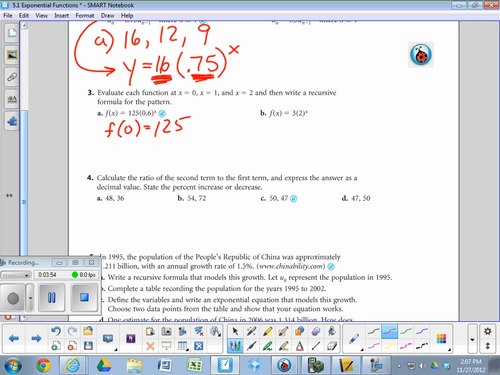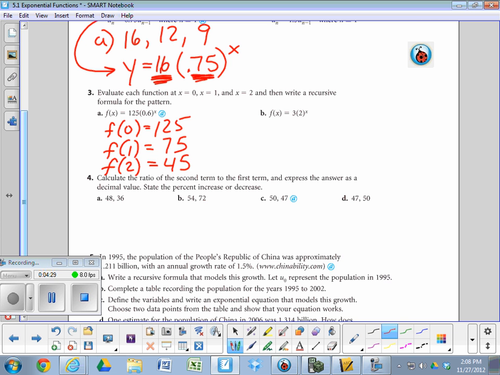How much change occurred to 125 for it to stay at 125? None, right? There was no change. We plugged in 0. What do you get when you plug in 1? 125 times 0.6. What do you get when you do f of 2? 125 times 0.6 to the 2. 45.